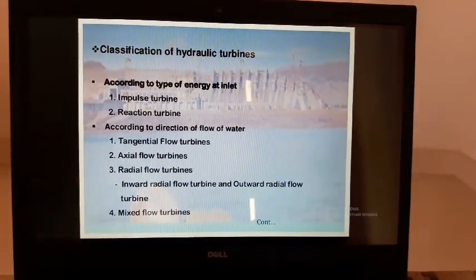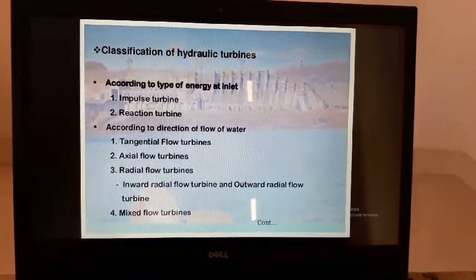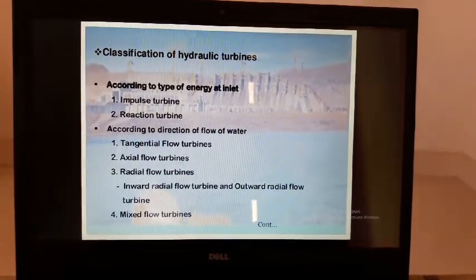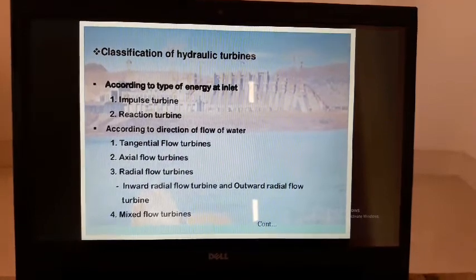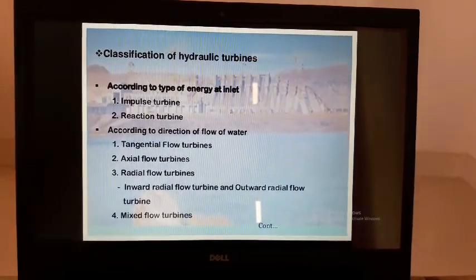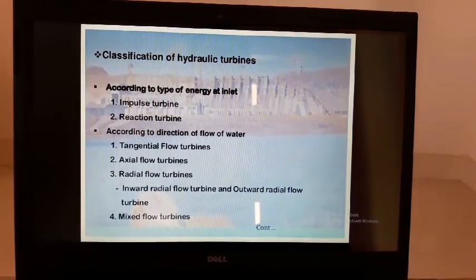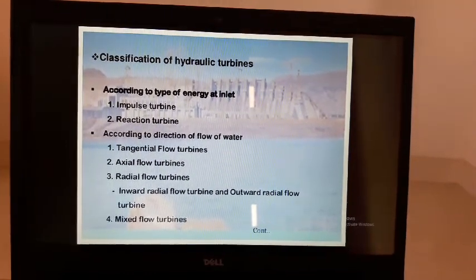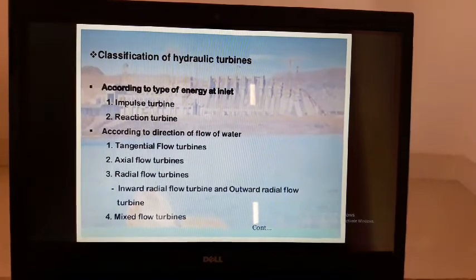The water may flow in tangential direction, axial direction, or radial direction, or radial and axial direction both. Accordingly, it is classified as tangential flow turbine, axial flow turbine, and radial flow turbine. Radial flow turbines are further classified into inward radial flow turbine and outward radial flow turbine. And the fourth one is mixed flow turbine. We will discuss these turbines one by one in the upcoming slides.